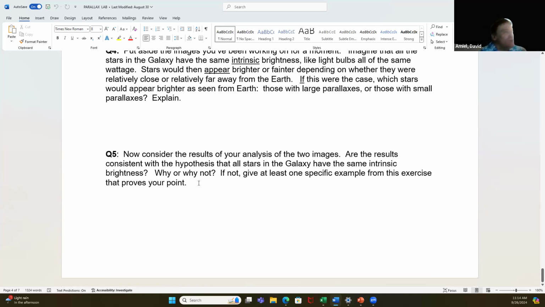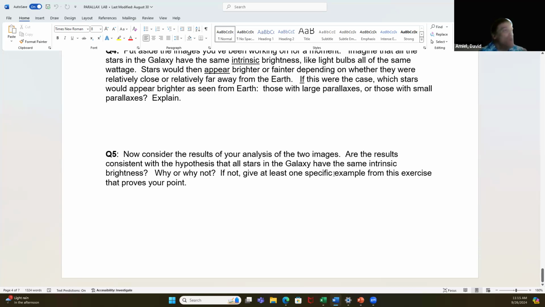And question 5, which is really the whopper, you're answering the biggest question in astronomy. Is the star brighter because it's closer, or is it brighter because its intrinsic brightness is greater? Are the results consistent with the hypothesis that all stars in the galaxy have the same intrinsic brightness? Why or why not?